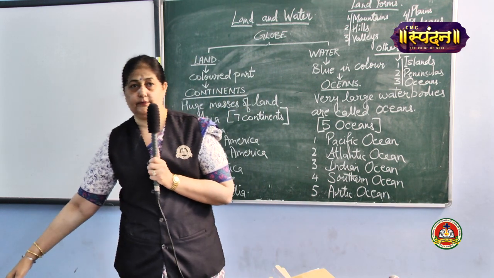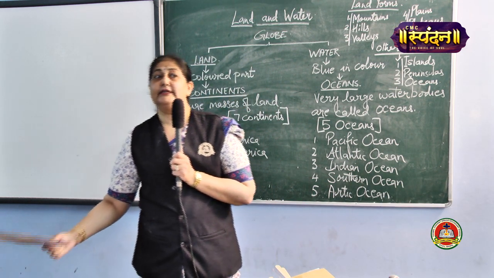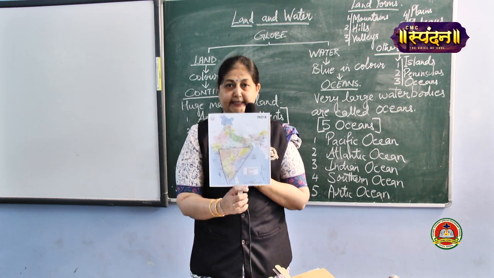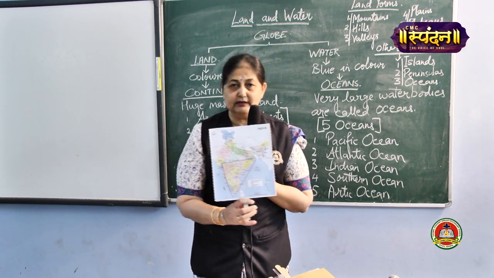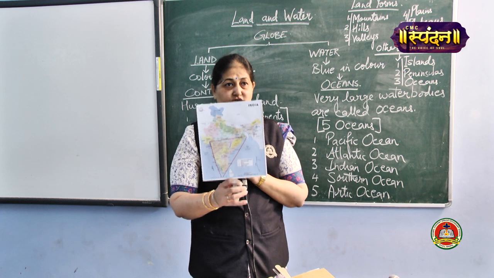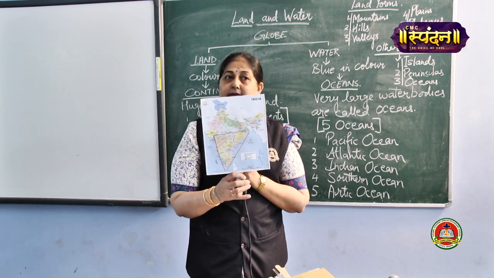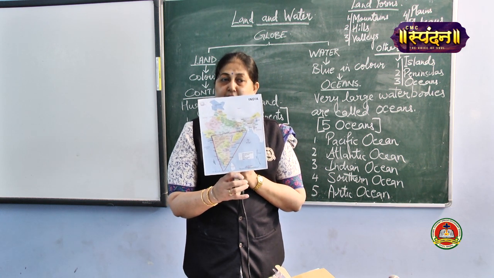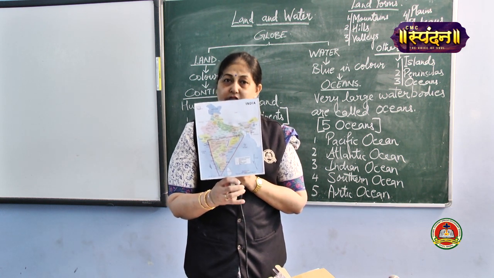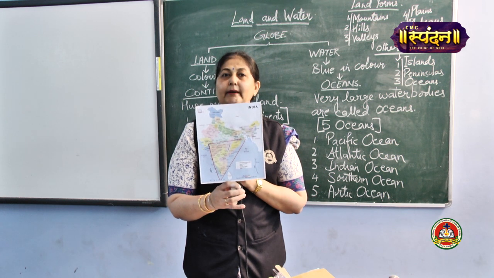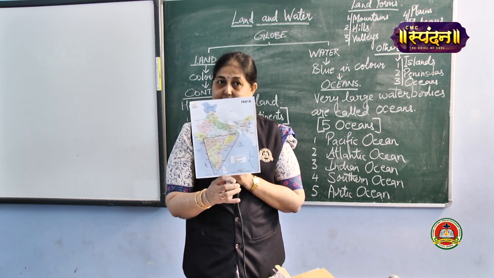Now children, the next is the peninsula. What is a peninsula? Now children, the southern portion of India where a triangle is marked in red. Can you see that triangle marked with red? Yes, the southern tip of India is a peninsula. Peninsula is an area surrounded by water on three sides.